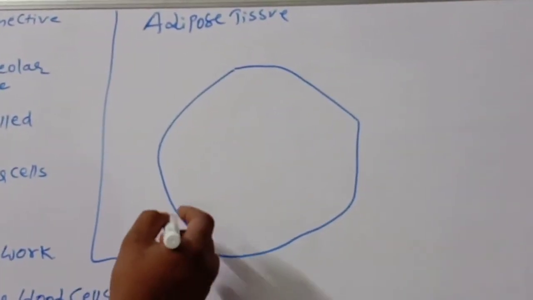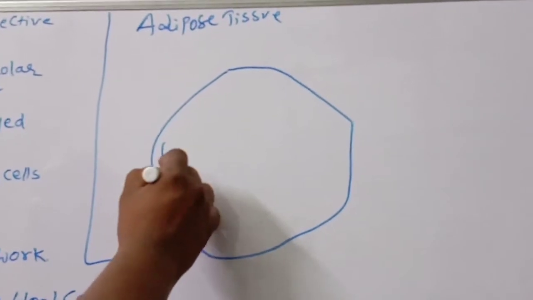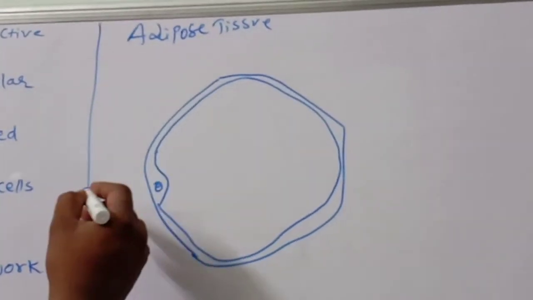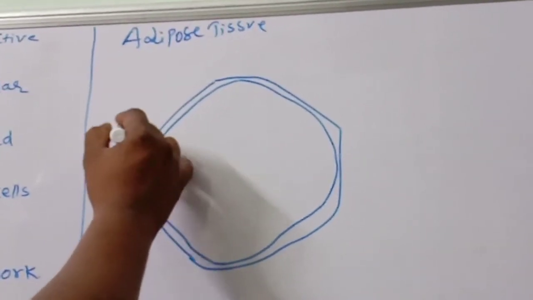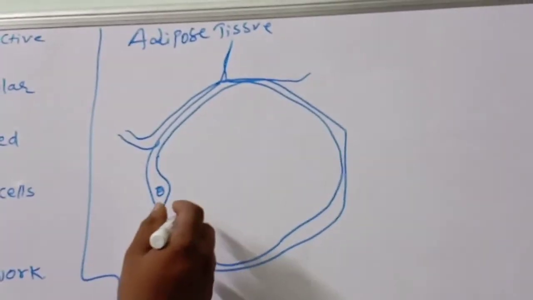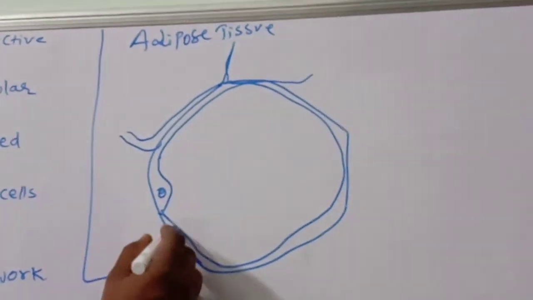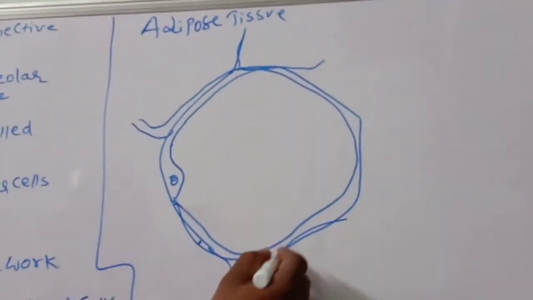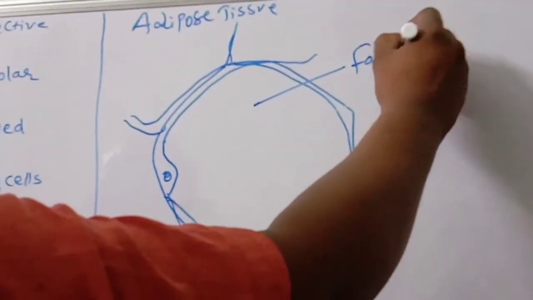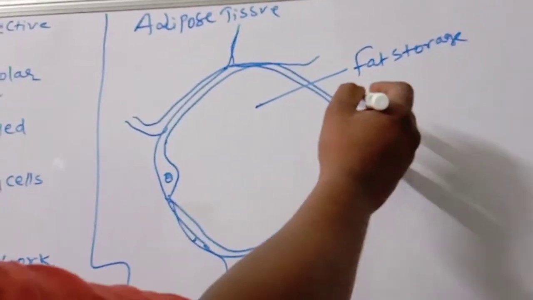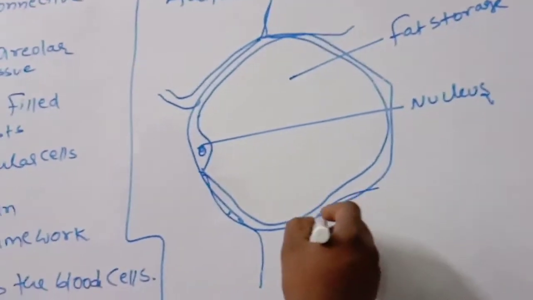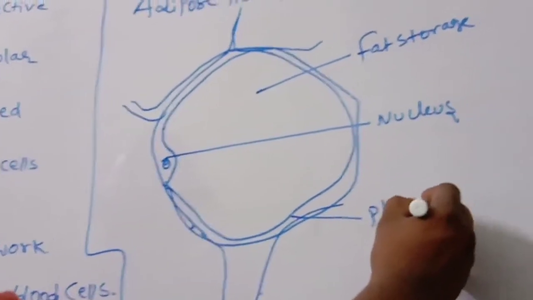Like this, an adipocyte will be there, the cell will be present. This is completely fat storage, and this is the nucleus. This is the plasma membrane.